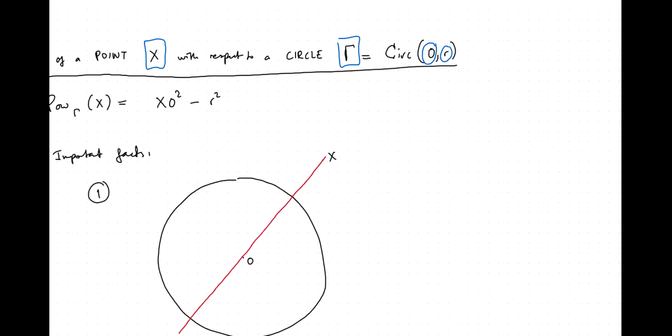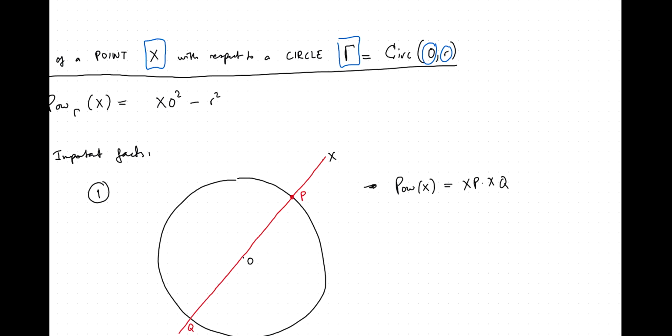So this is the diameter of the circle, and let's look at the intersections P and Q. You can see that XP is XO minus R and XQ is XO plus R. You can see that power of X, I'm not writing the circle, is equal to XP times XQ.